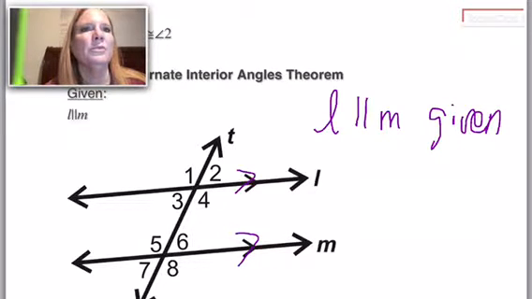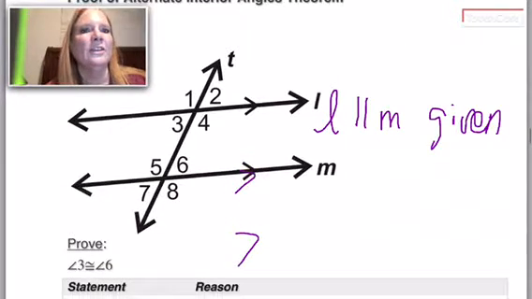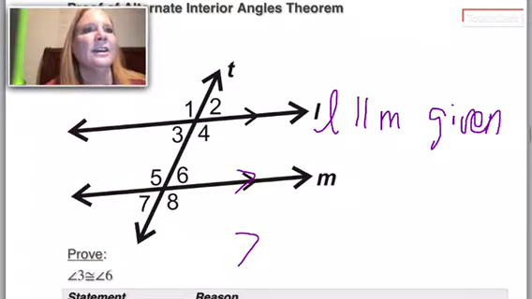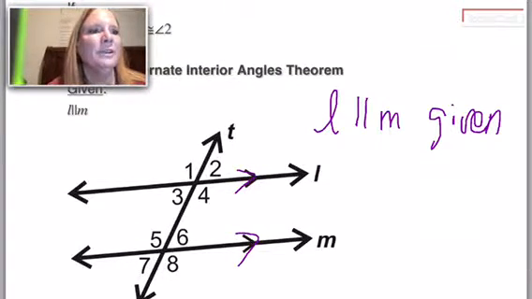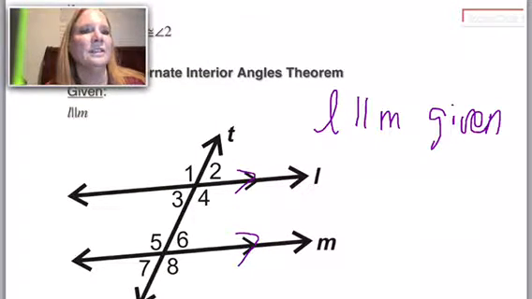We were wanting to prove that angle 3 is congruent to angle 6. So we have these lines being parallel, and we want to prove that 3 is congruent to 6.